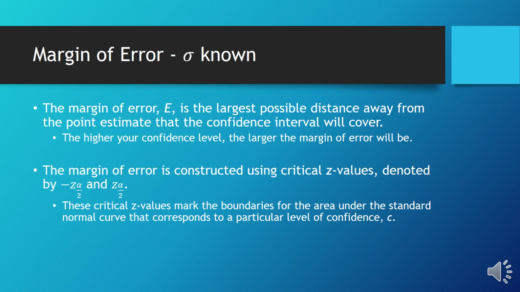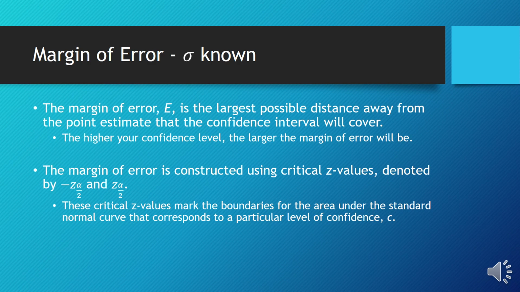And so you need a critical z value on each side of that standard normal curve. Now we're going to talk about alpha on the next slide and how you compute alpha. But don't let these critical z values worry you, because I know that they look a little bit complicated.